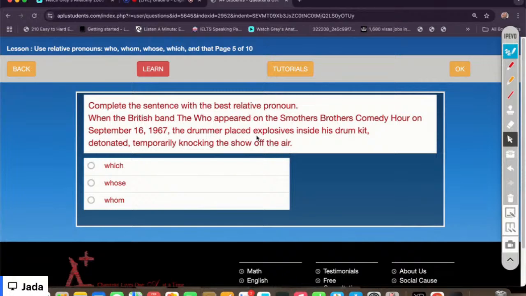Which, whose, or whom? So, which detonated, temporarily knocking the show off the air?